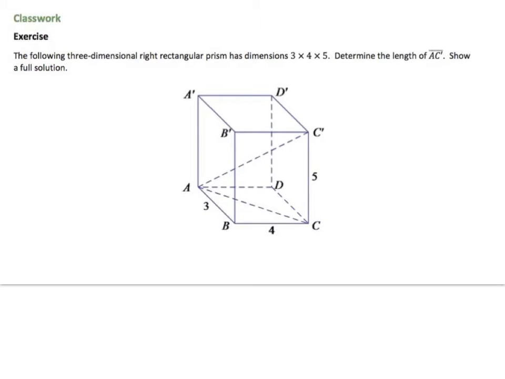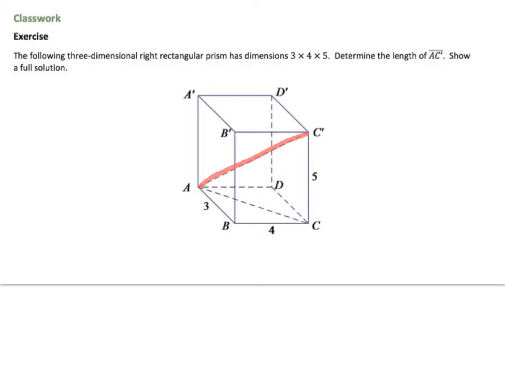All right, so while we get into three-dimensional space, let's talk about this three-dimensional right rectangular prism. Has dimensions 3 by 4 by 5. Let's determine the length of segment AC prime. Let me highlight that for us. AC prime.